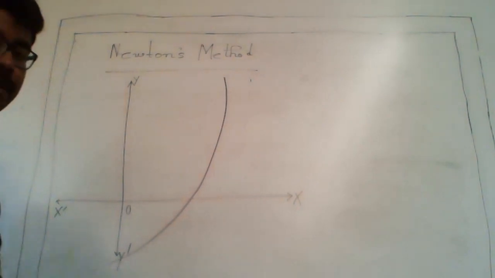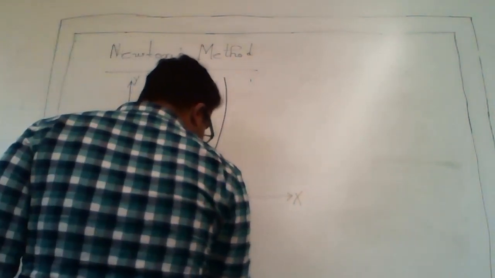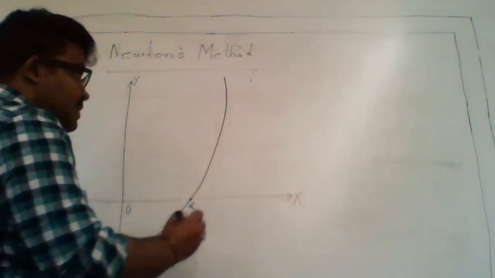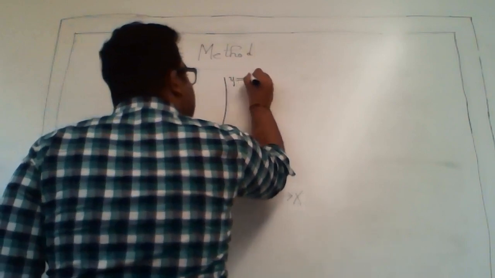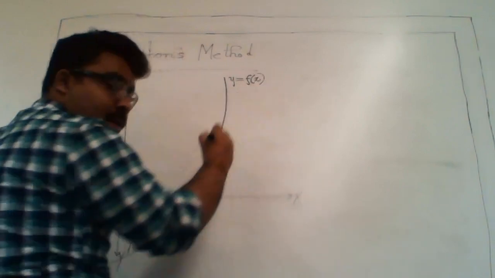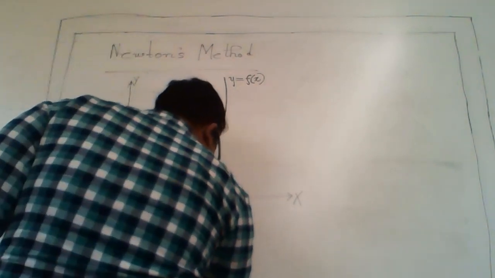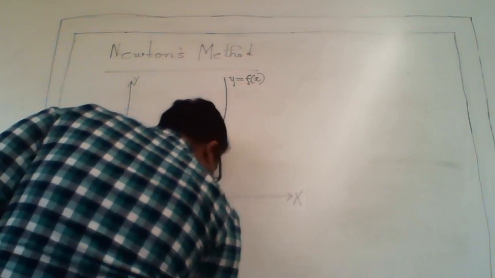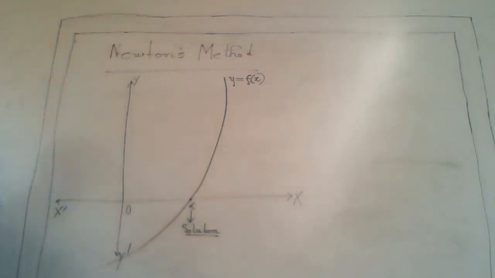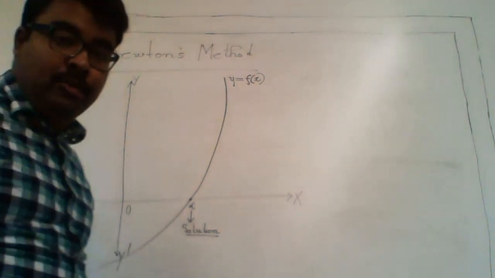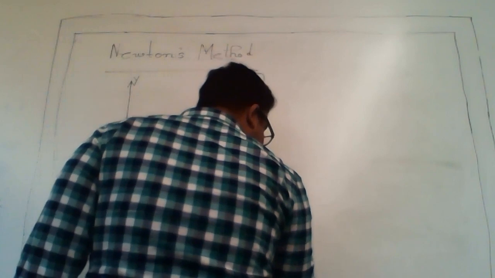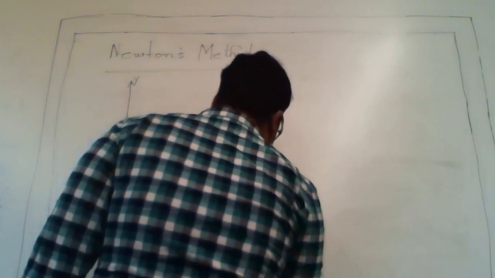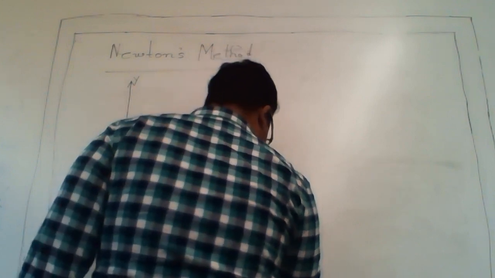This is the graph of your function. It cuts the x-axis at alpha, and we want to find out the value of alpha. This is unknown. So this is my curve y equal to f(x), and this is my solution which I want to find out. To find the solution, we make a guess. So we start with a point x naught. This is my guess. As I told, it can be any number.